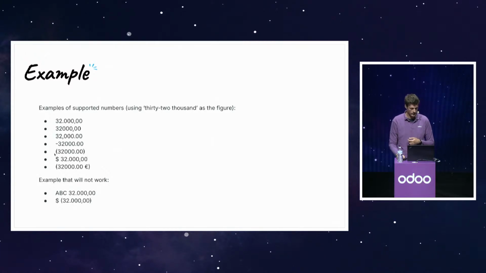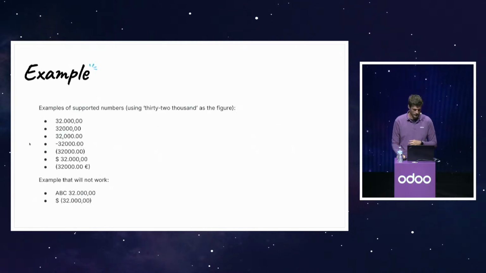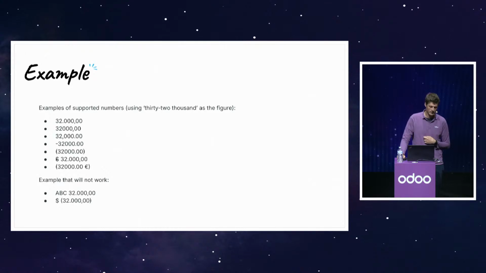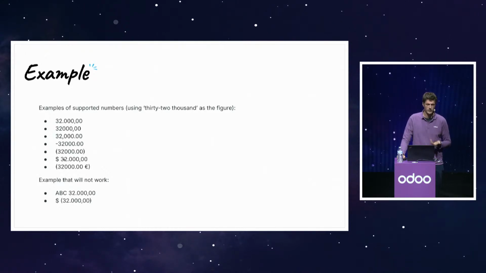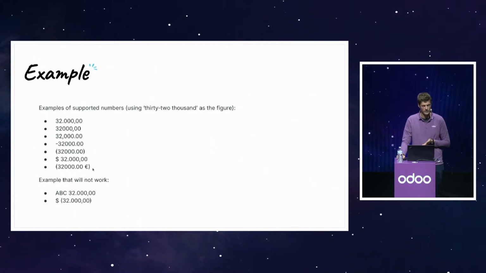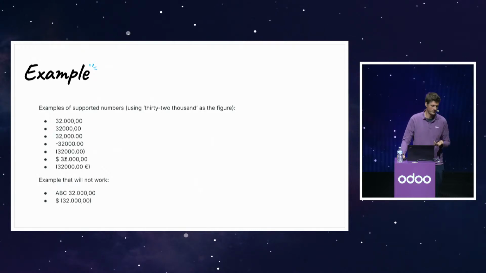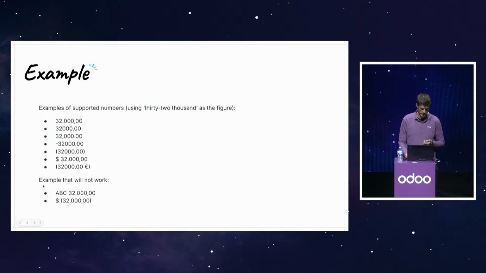You can also put directly the symbol of your currency, but take care because the place of the symbol really depends on the currency itself. For example, when you import euros, you will put the symbol at the end. If you put dollars, normally it's at the beginning. That is a reason why here, for example, you see that some do not work.